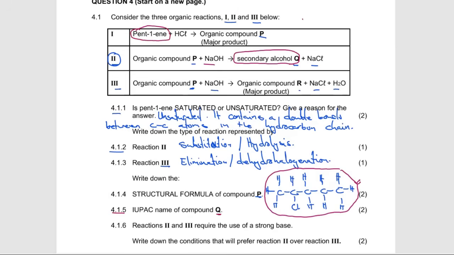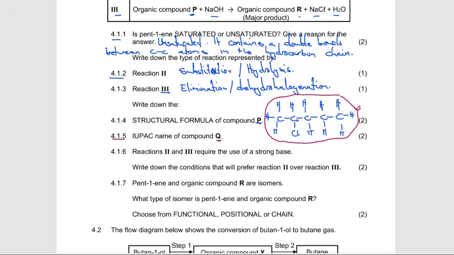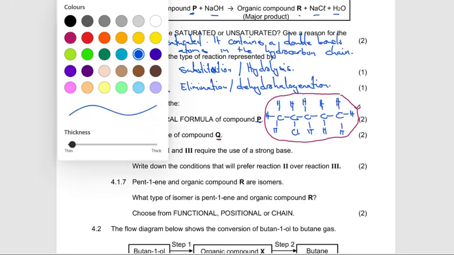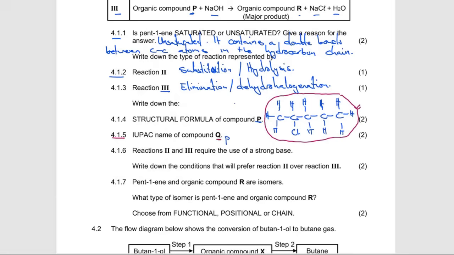We are asked for the IUPAC name of the secondary alcohol. Take note, this is not going to change the number of carbons; it will remain the same. So it means we're going to have pentane. For it to be a secondary alcohol, we need 2-ol. So our IUPAC name is going to be pentan-2-ol.